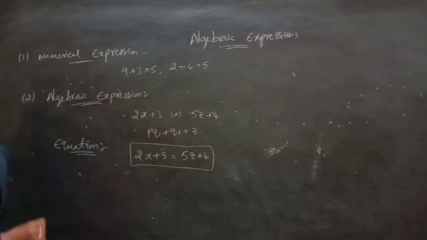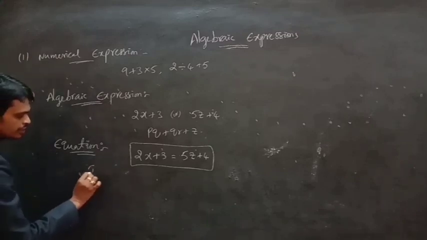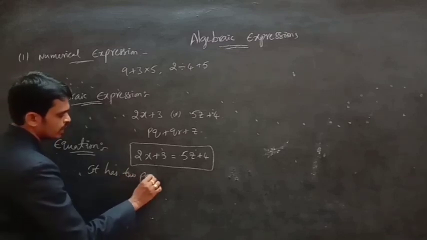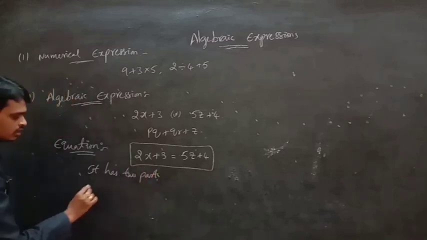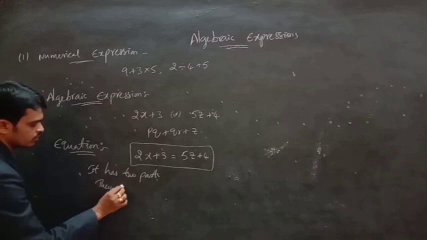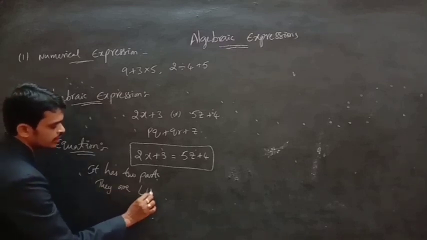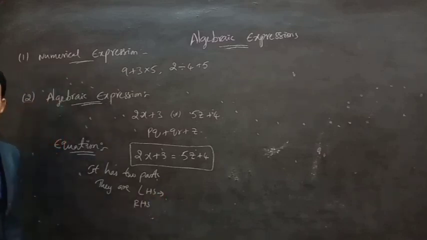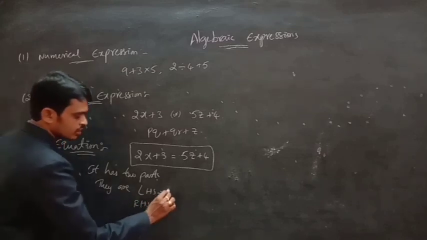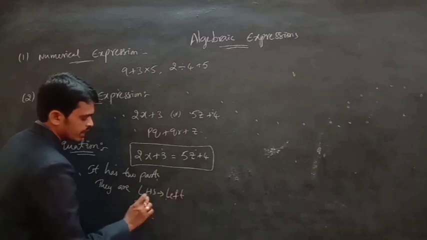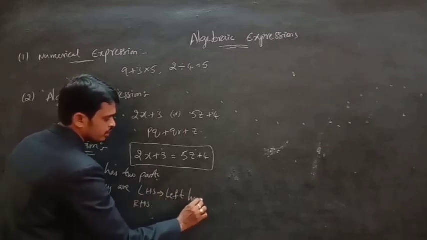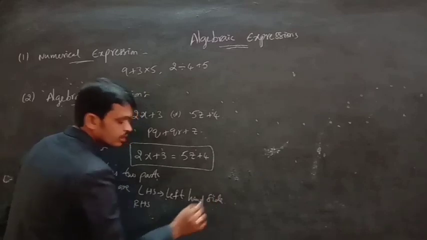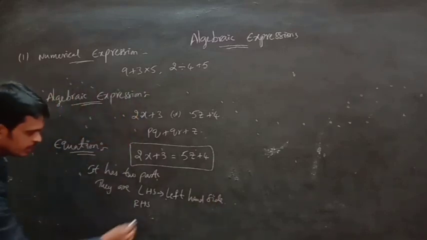So the equation has two parts: LHS and RHS. LHS, L means left, H means hand, S means side: left hand side.